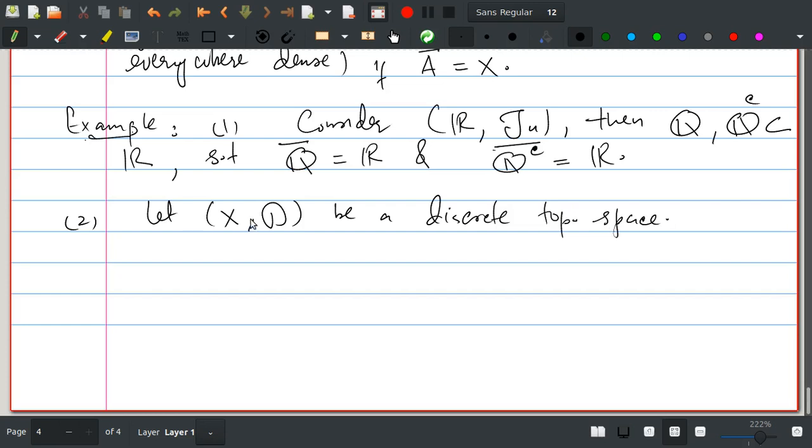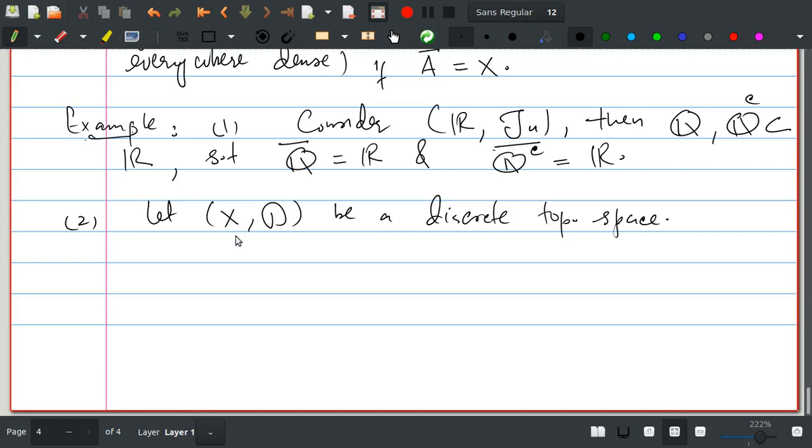Now one should note here that each subset of X is open. I mean, if we look at the singletons of X, they are open subsets, and for that very reason every subset of X has the empty derived set.